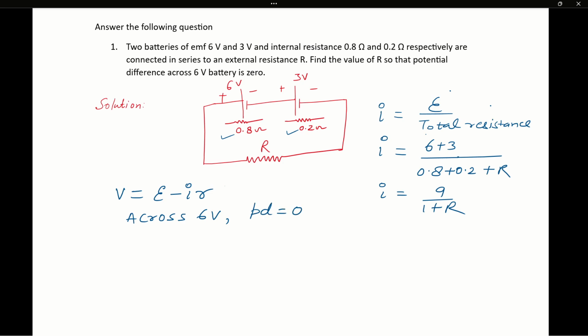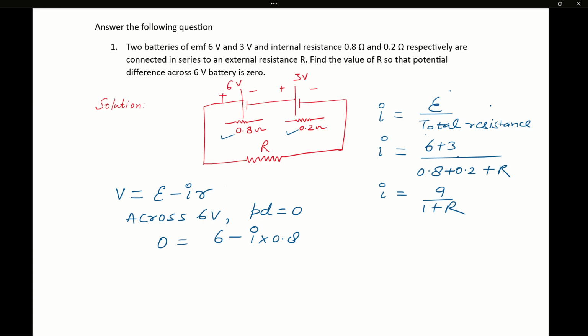So now we are going to apply 0 is equal to 6 minus I multiplied by R, where the internal resistance is 0.8.